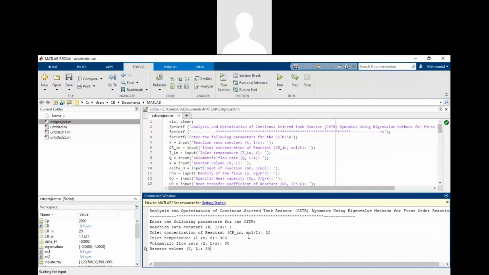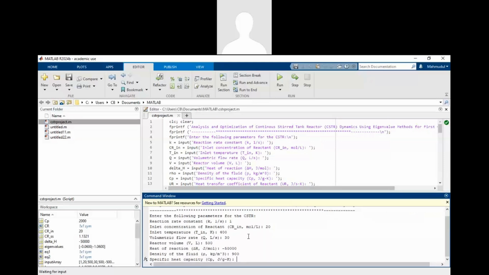Reactor volume is 50 liter. And heat of reaction, since it's an exothermic reaction, is negative. Density is 900 kg per meter cube, which is kind of a mixture of higher hydrocarbons. Specific heat capacity is 2000. Heat transfer coefficient is 4. And finally, the cooling temperature is 200 Kelvin.